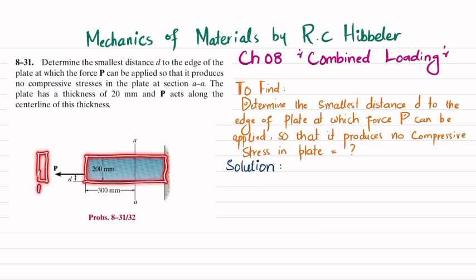The thickness is 20 millimeter, clear, and the height is 200 millimeter. And this P acts along the center line of this plate, clear. So what we have to find is this distance d from the base so that the applied P has no compressive stress in the plate.